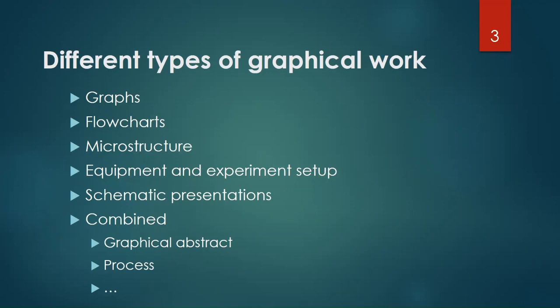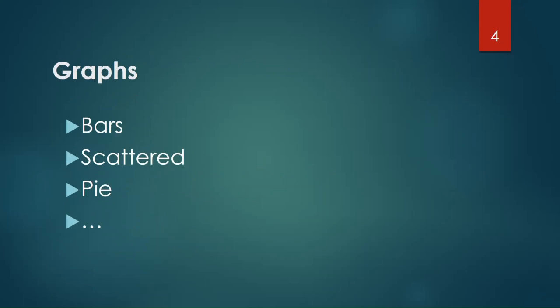There are different types of graphical works, but it is you who decides which one of them can present what you want, can give your idea, your message, to the reader or the audience who is listening to you faster and easier.